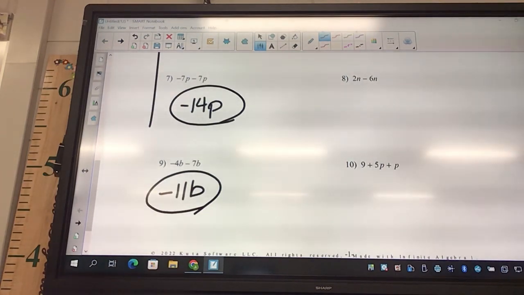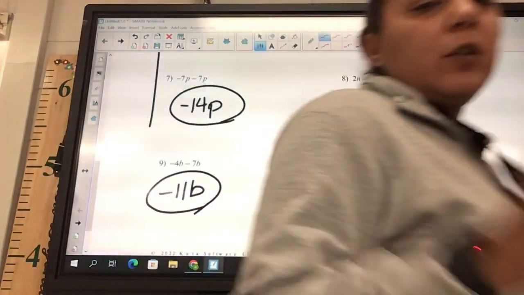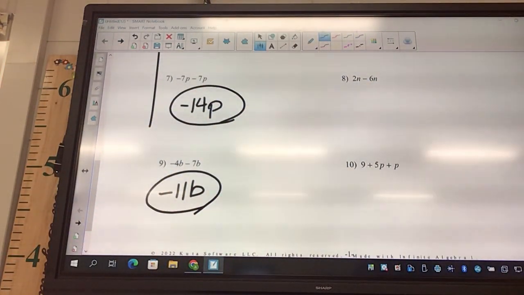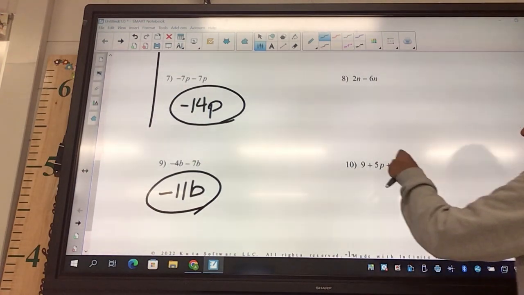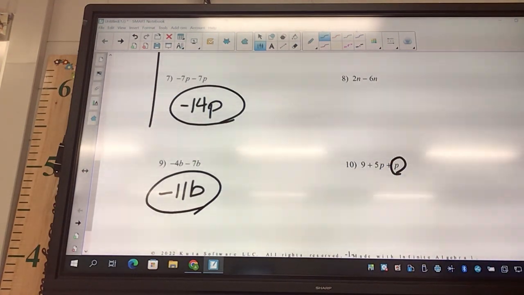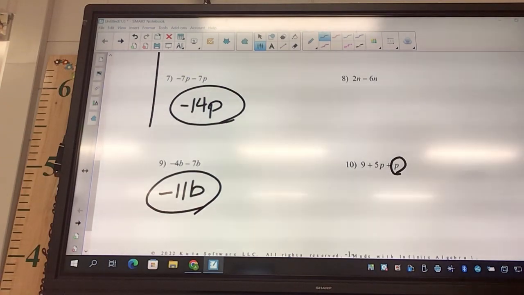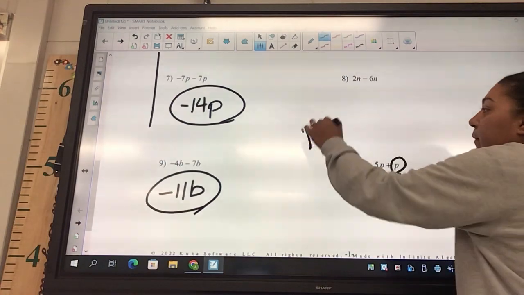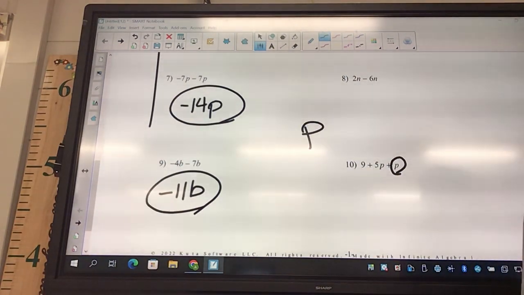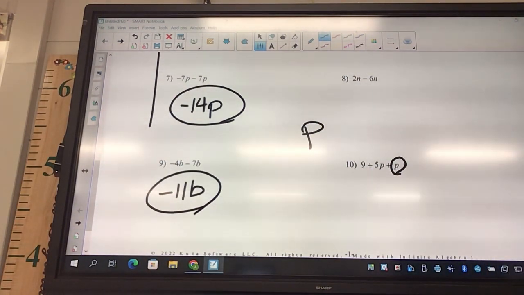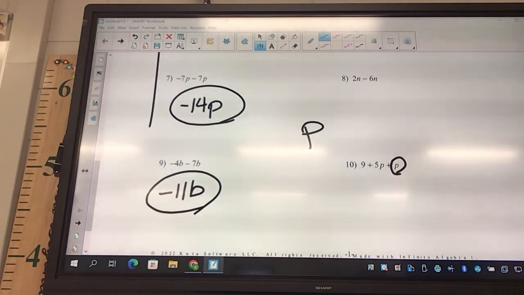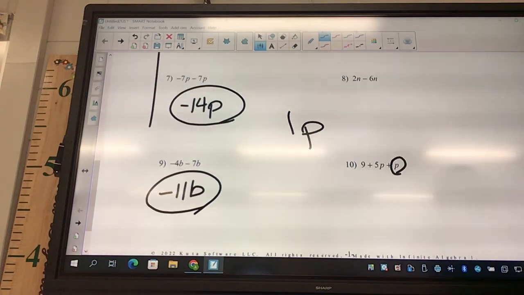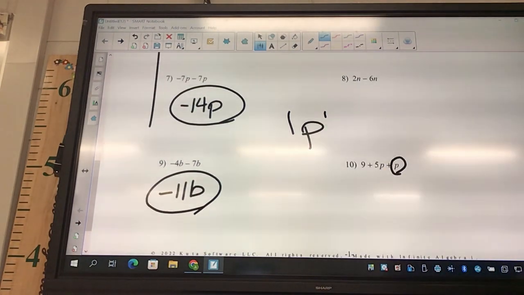Okay, so what I want to talk about before we even start on the back page is super important. I'm going to preach it all year. So you see this P right here? In math, when we have a letter and there's nothing attached to it, so it's just a P, there is really an invisible 1 in front of it, and it has a power of 1, but you never see it like that.